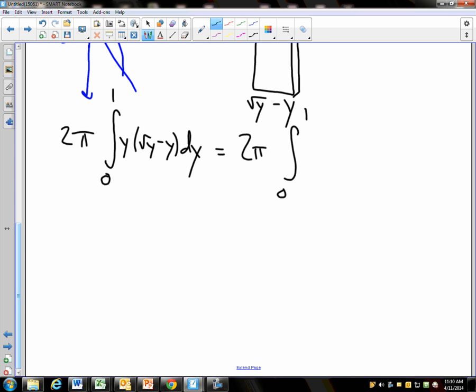2 pi times the integral from 0 to 1. Let us distribute. What's y times the root of y? y to the 3 halves minus y squared, dy, times 2 pi. What's the antiderivative of y to the 3 halves?